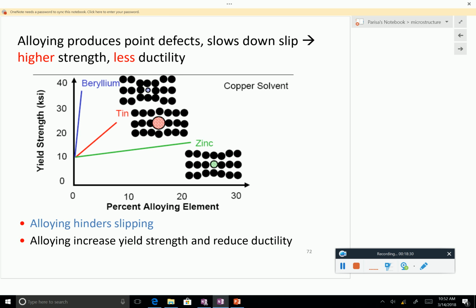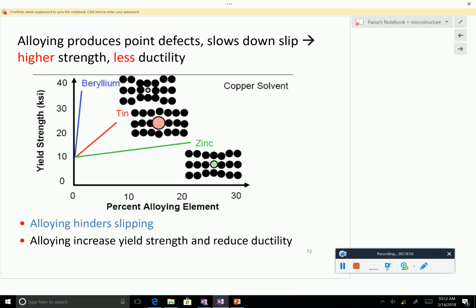And typically you have higher strength, so the strength increases, just because it's hard to go over that bump. But ductility normally decreases, just because it doesn't let these dislocations, it doesn't let this slip happen. And that is behind the ductility, right?